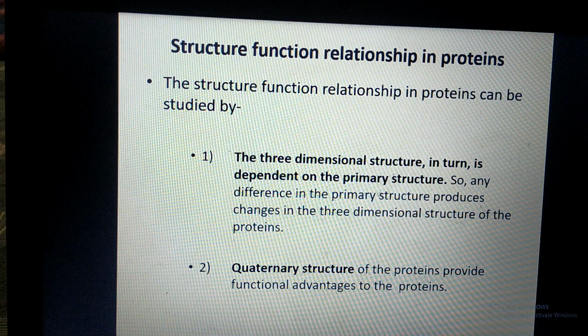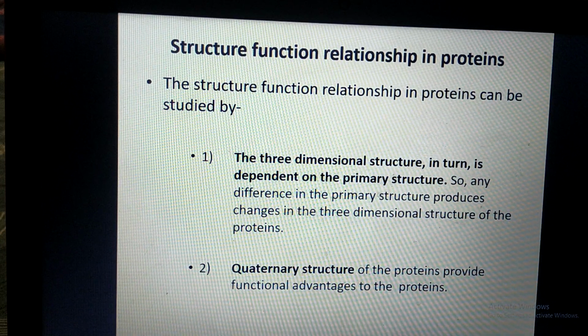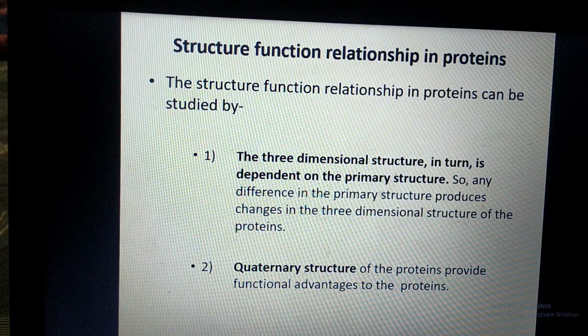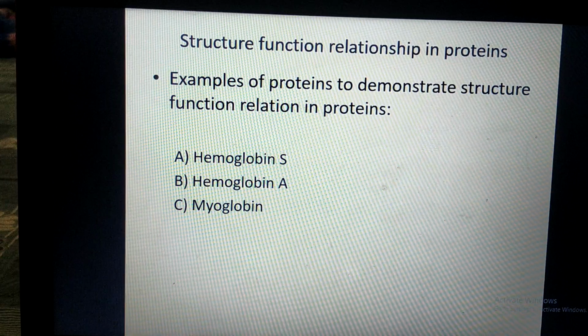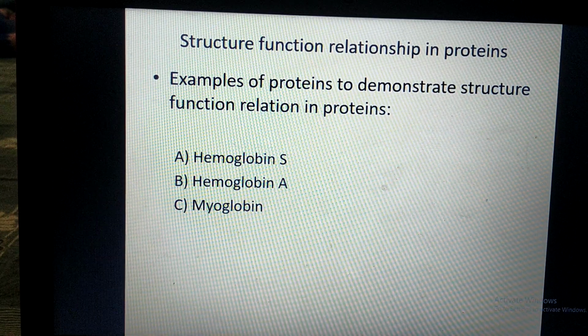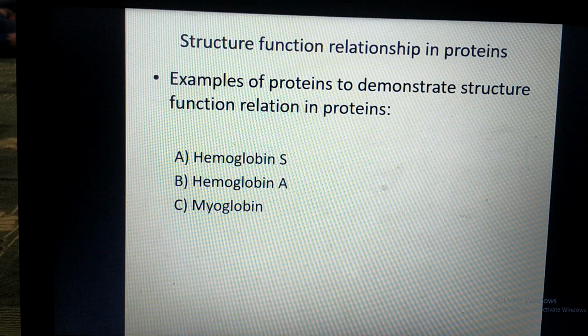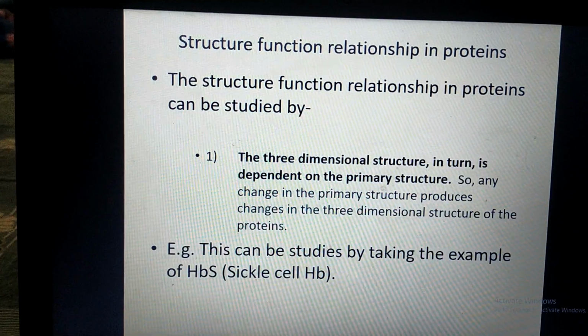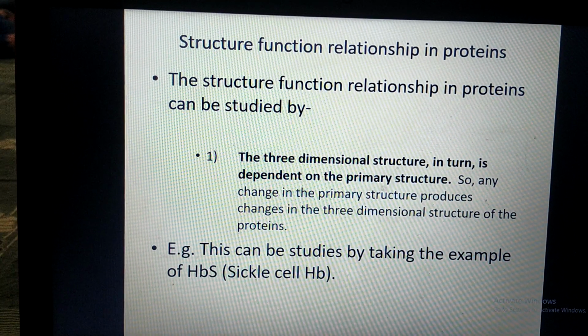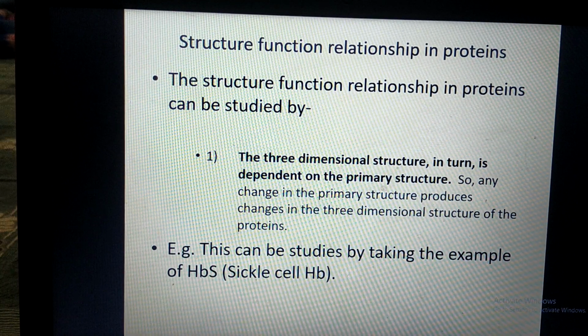So today's lecture focuses on these two things. We are studying these examples of proteins to demonstrate the structure function relation in proteins: hemoglobin S, hemoglobin A, and myoglobin.